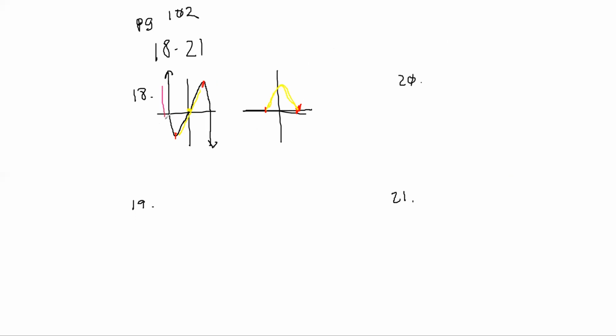And then both of these are negative as x is getting larger. Do we have one of these matching that looks like this? Yes. That was number 8? Yep. So this is going to be number 8. All right. What about 19?